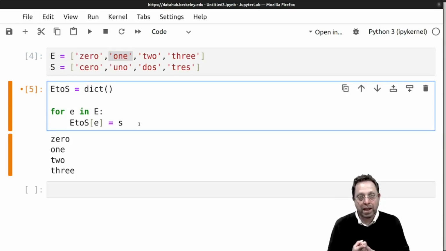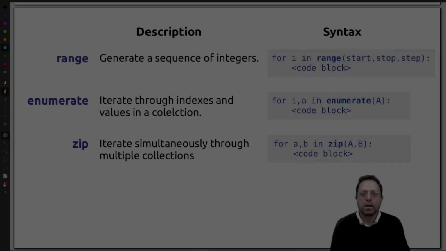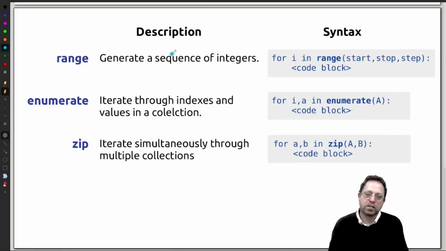One with range, two with the function enumerate, and three with zip. All three of these are going to show up in the for line, and they really just round out our understanding of for loops. So let's see how they work. This table provides the description and syntax for the three built-in functions that I just mentioned: range, enumerate, and zip.